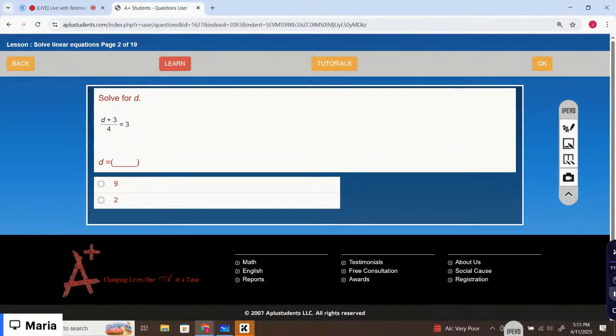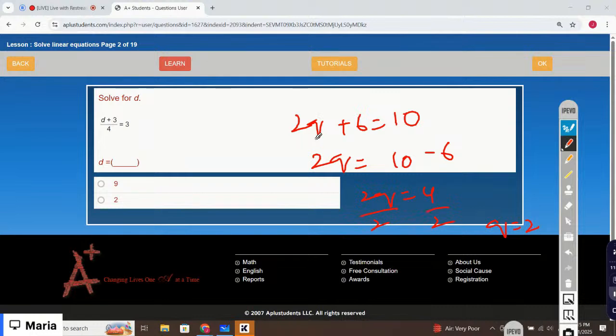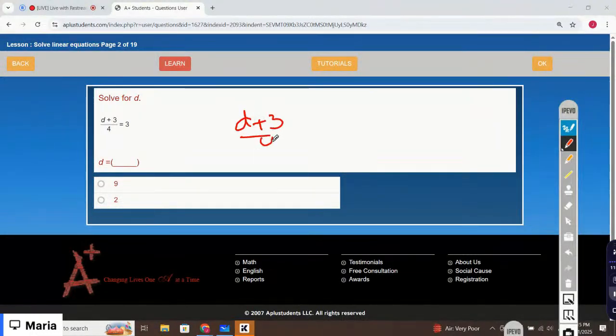Solve for D. D plus 3 divided by 4 equals 3. That is D plus 3 over 4 equals 3. So you have to do cross multiplication. D plus 3 equals 3 times 4.